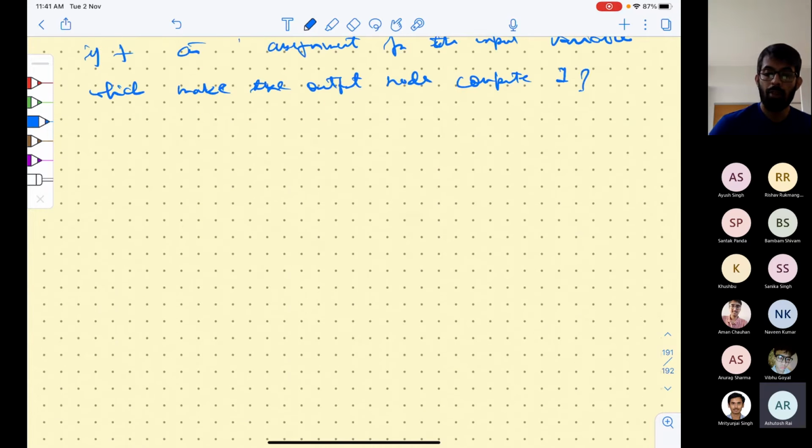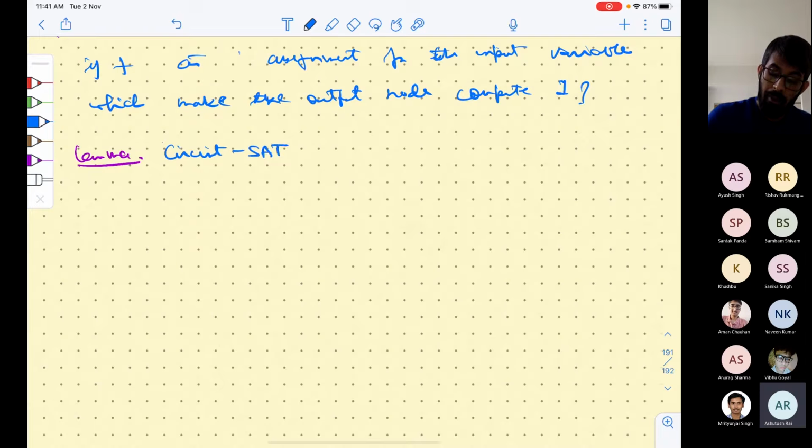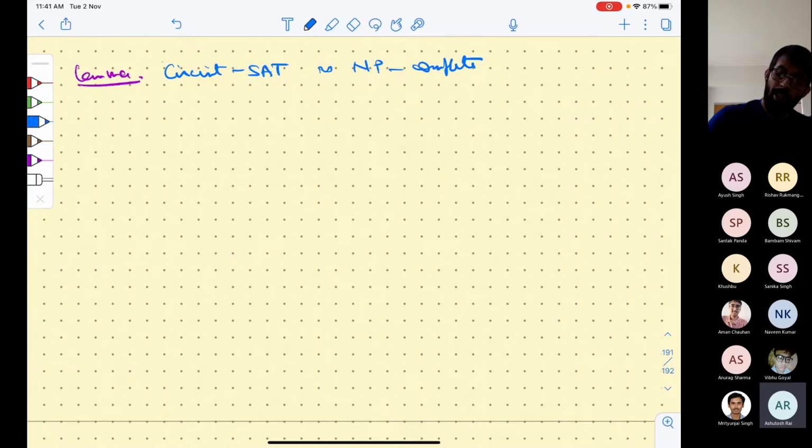So as I said, this was the first NP complete problem. So how do we reduce any problem in NP to this? The lemma says that circuit satisfiability is NP complete. So we have an instance.